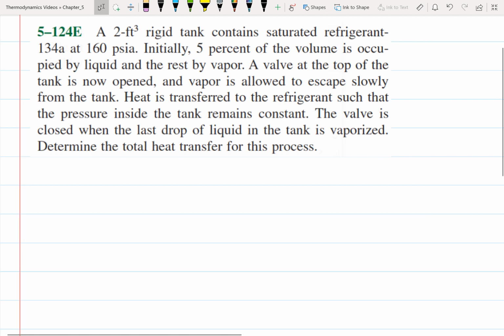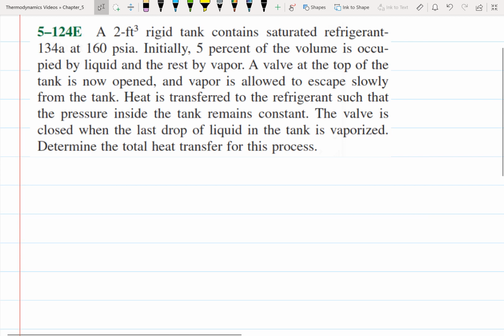And what we want to do is determine the total heat transfer for this process. So we're starting out with a saturated mixture of refrigerant in a tank. We're going to add heat, and we're also going to allow refrigerant to escape until the refrigerant is all in the vapor phase.